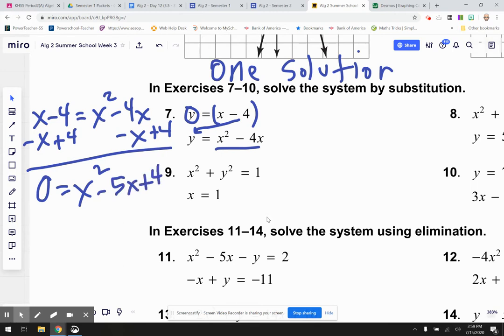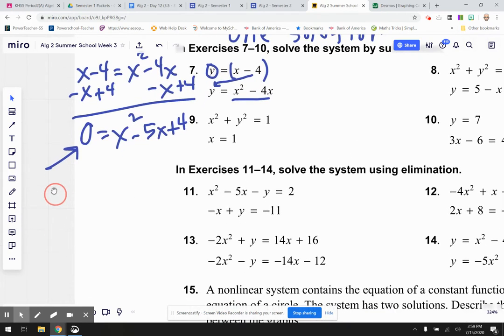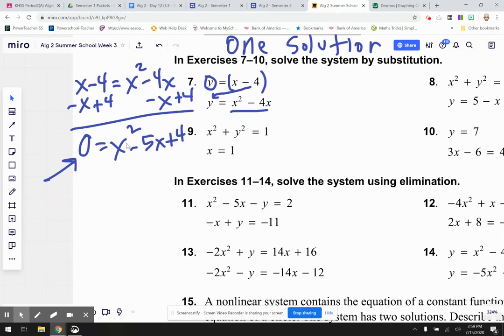And we need it to equal 0 because that's how we solve a quadratic. We use the zero product property by factoring, or we learned yesterday about the quadratic formula. We've learned a lot of different ways to solve this equation: square roots, completing the square, but this one actually does factor.